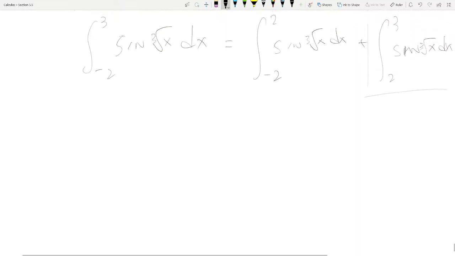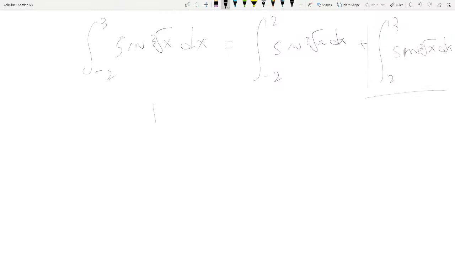And here's the principle we're going to use for any function. If I have a to b, and I have some function here, f of x, and we're talking about the area under the curve.